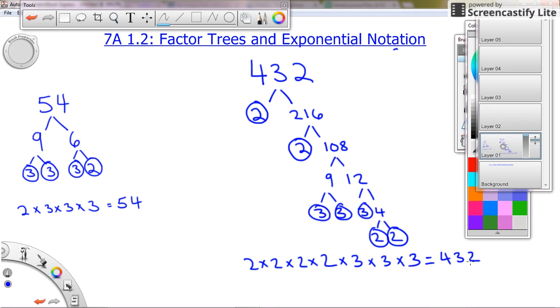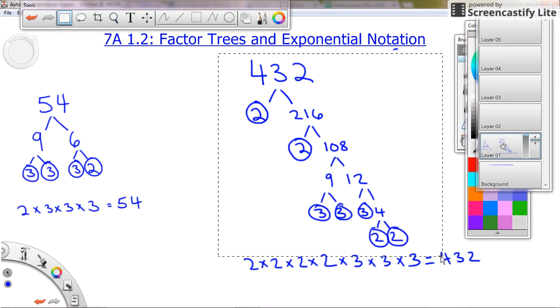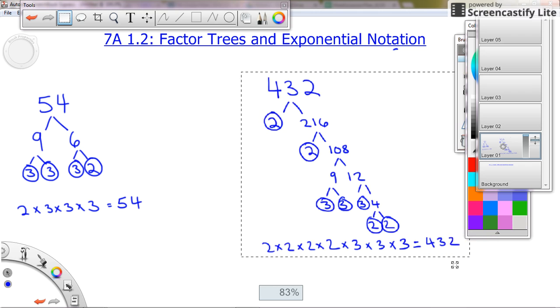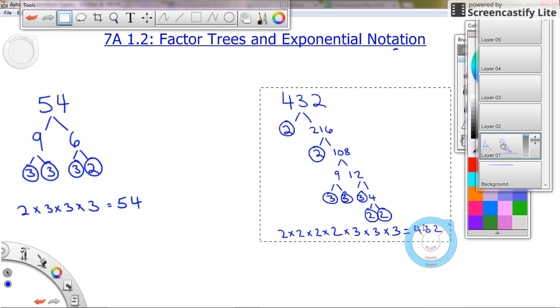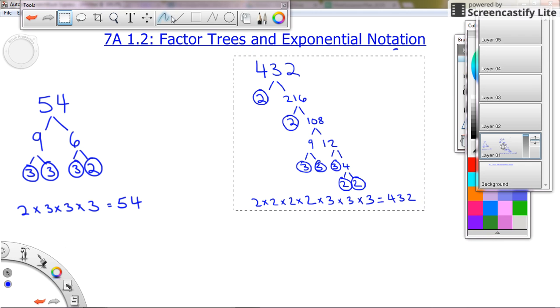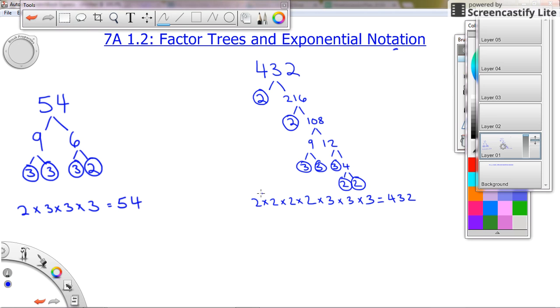And that's how you do the prime factors. That's how you do a factor tree for a very large number like that. The next step, and this is a good time to talk about it: I don't always want to write out, I mean, what if this had been 2 to the 10th? I don't want to write out 10 twos. We have a shorthand way of doing that.